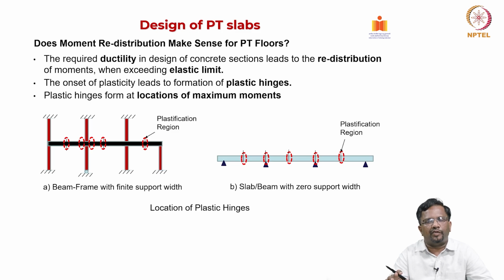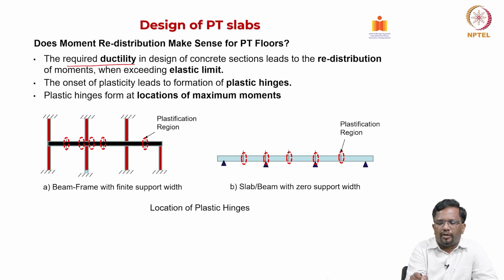In the same way, PT systems, if you design them properly, will also behave in an under reinforced or tension controlled failure mode. That means before concrete reaches its failure strength, the pre-stressing steel will start yielding, right. So, if you do such a very good design, we can also allow for some moment redistribution, right. So, that is what you say.